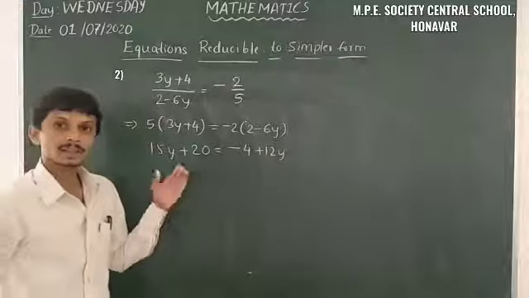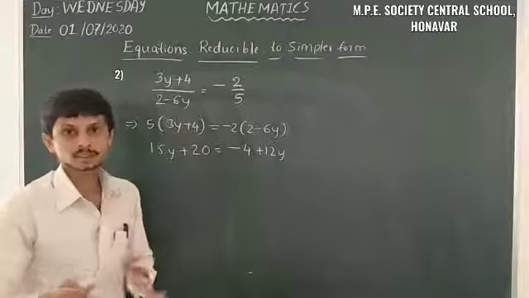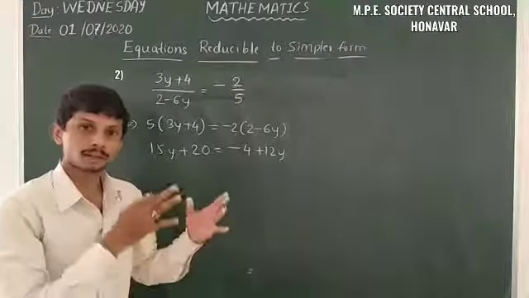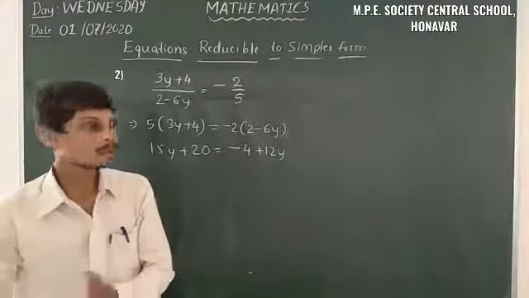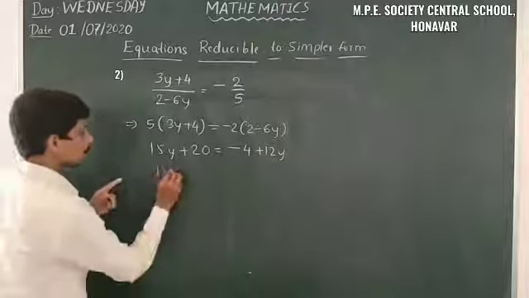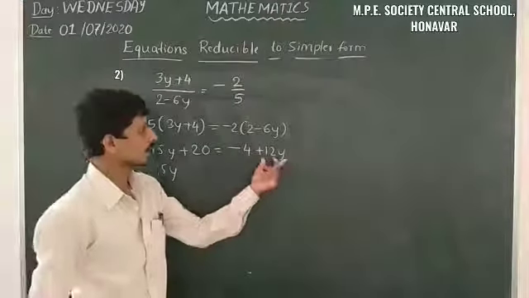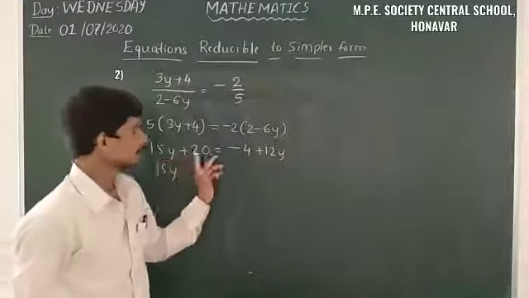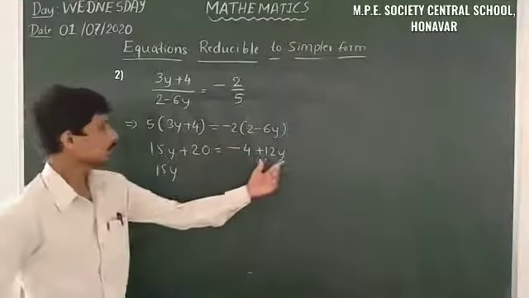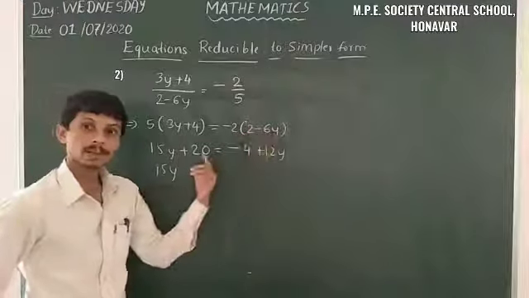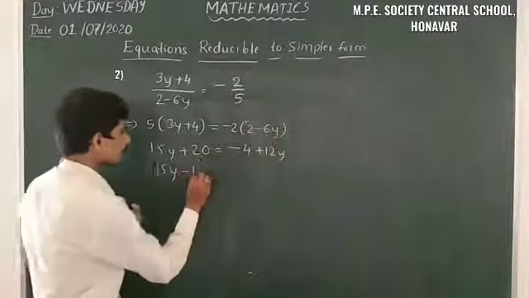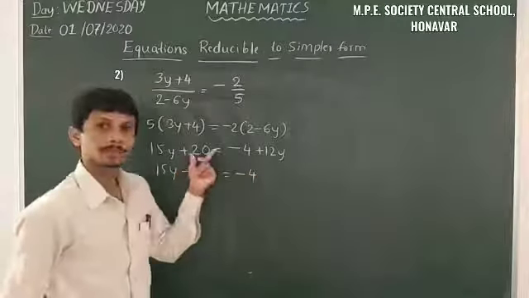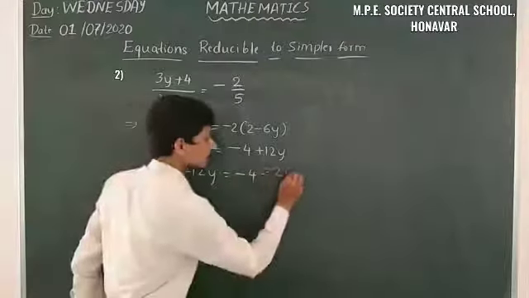So after that, it becomes variables on both sides. After that, we have to convert it into a linear equation on one side and a number on the other side. That is 15y. Here we have to transpose plus 12y to the LHS side and plus 20 to the RHS side. So plus 12y after transposing becomes minus 12y, then -4, then plus 20 after transposing becomes minus 20.